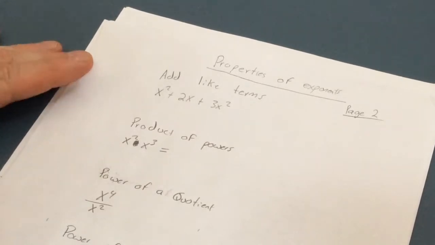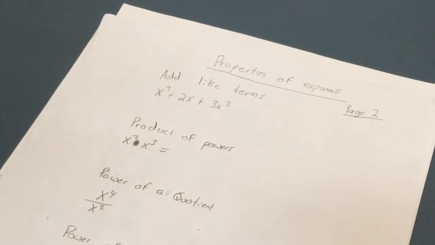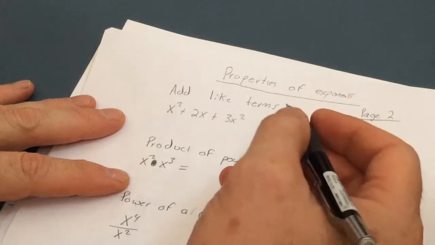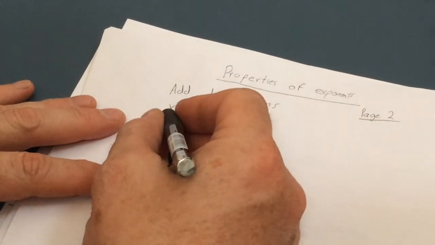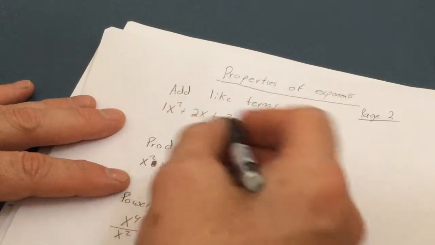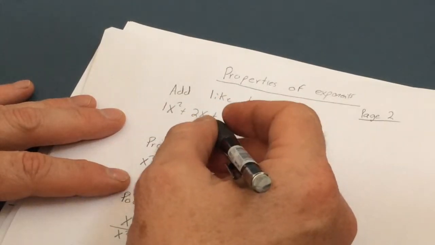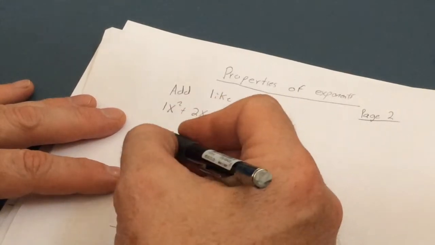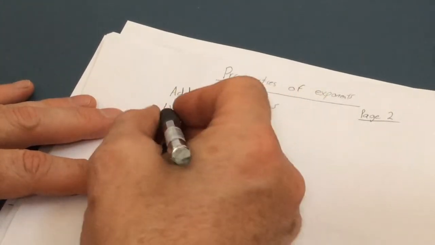So the one you learned the first, probably back in 6th or 7th grade, is how to add like terms. When you add like terms, you're looking for coefficients, like that has a coefficient of 1 and 2 and 3, but what you're really looking for is to make sure the variables are the same. Well, these all have a variable of x, but those variables also have an exponent of the same.